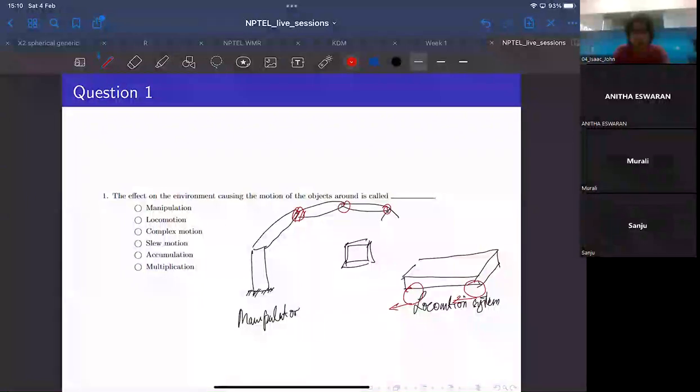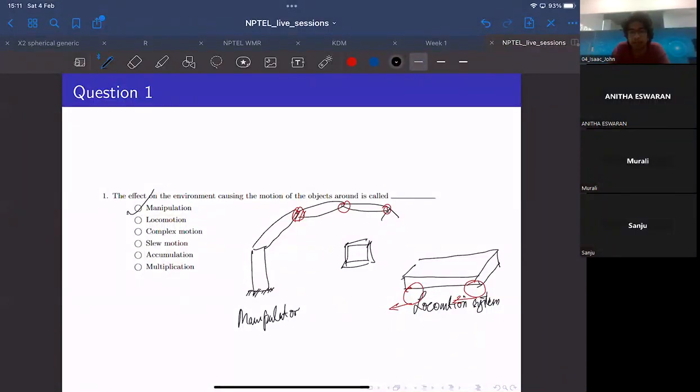That process is called locomotion. So in this context, the correct answer is manipulation, because the effect on the environment causing the motion of the objects around is called manipulation. Is anyone of you having any doubts on this? I hope we are all agreeing on this.